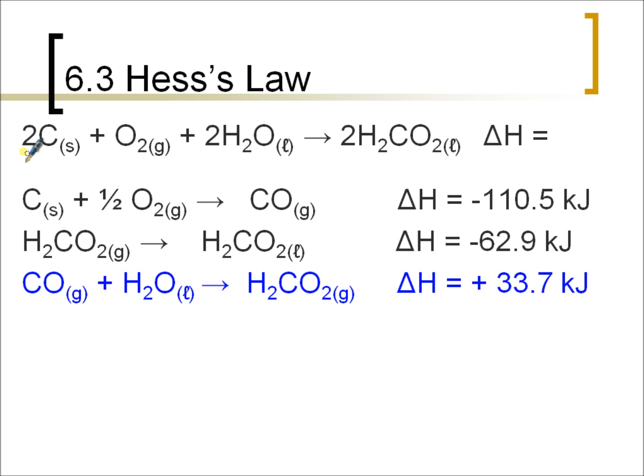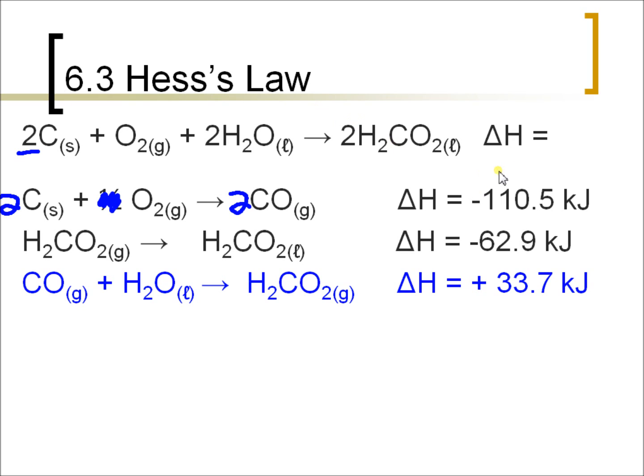I can see here that I have a 2 in front of this carbon, so I'm going to have to multiply this reaction times 2. So this is going to be gone, I'm going to put a 2 here, and then I have to multiply 110.5 times 2 to get my new delta H.